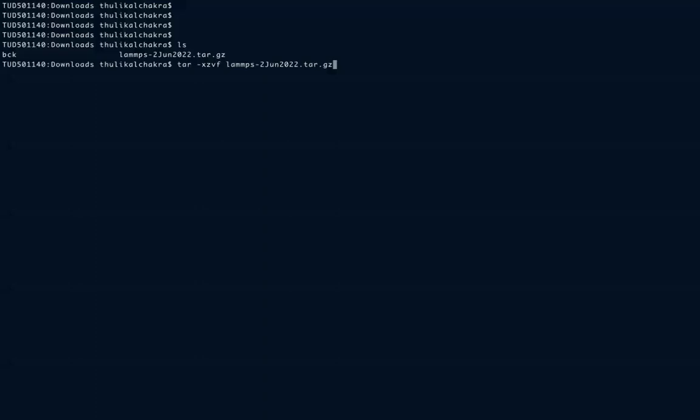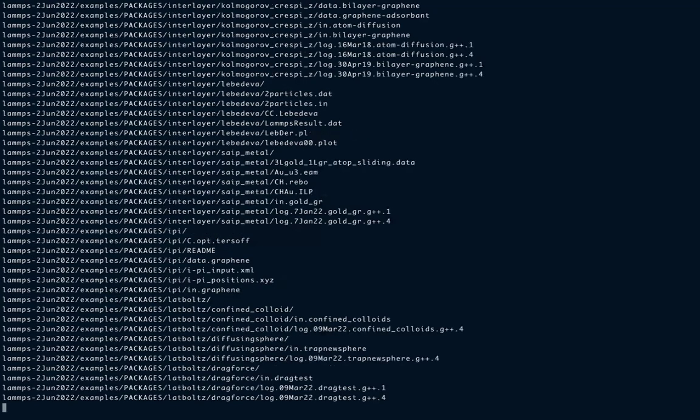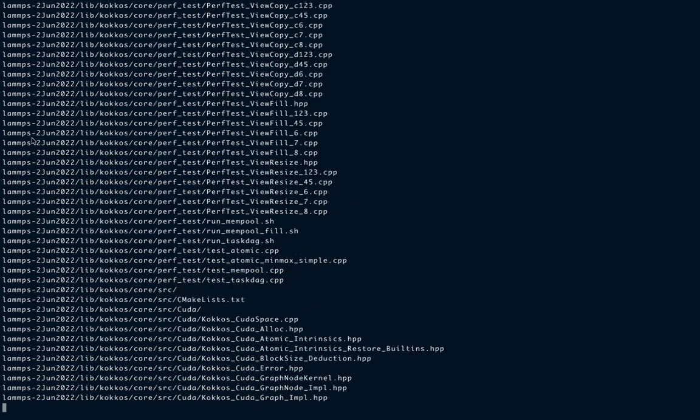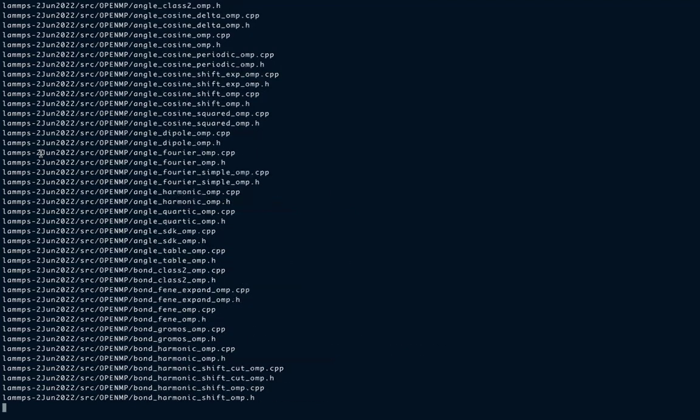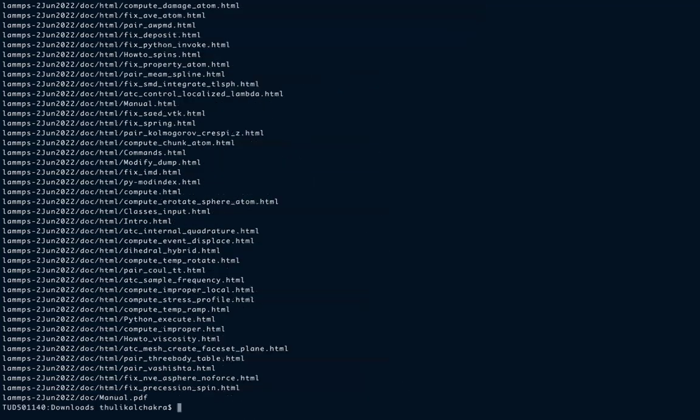If you want to unzip a tar.gz file, this is the command you would typically use. So now let's enter this. Once you enter, you see this huge list of files that it generates while unzipping.